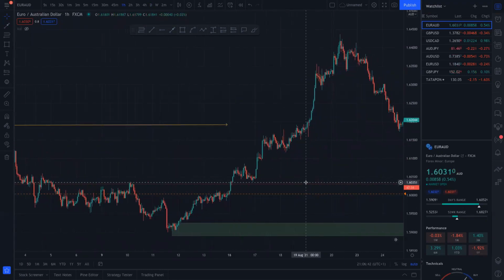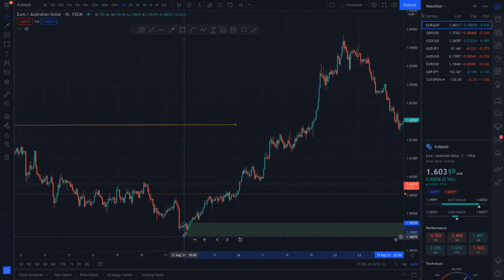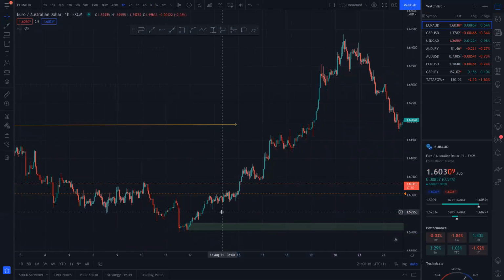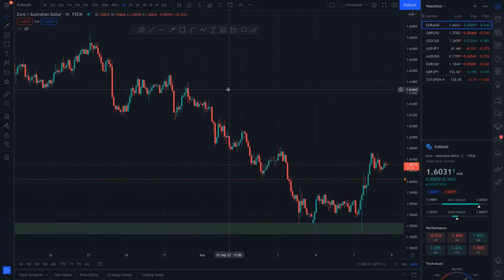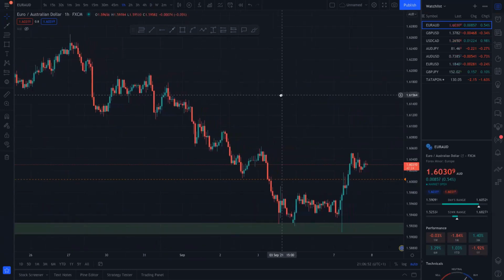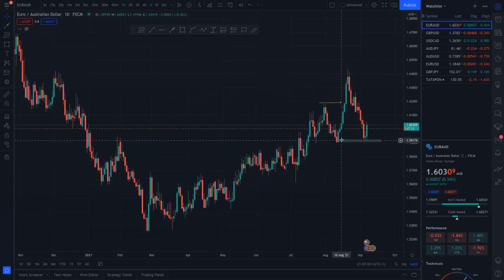You can see the refinement on 1 hour looks like this, right? If you don't know how to refine this order block, you can go to my previous videos and see there are plenty of examples that I have already given. So this is our daily order block refined to 1 hour.